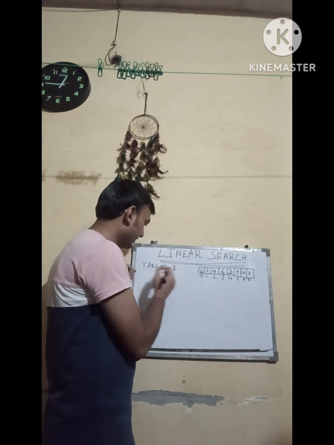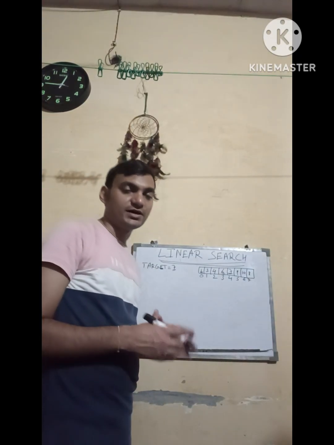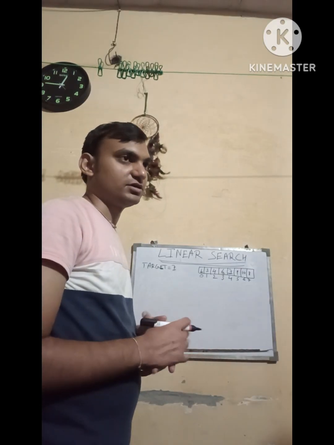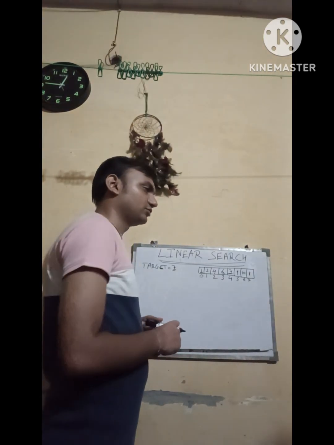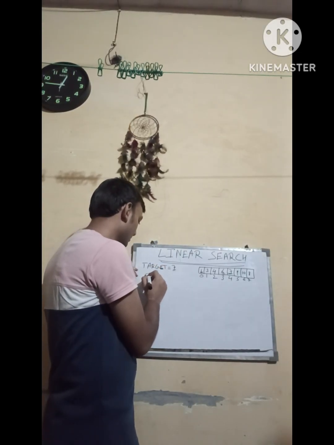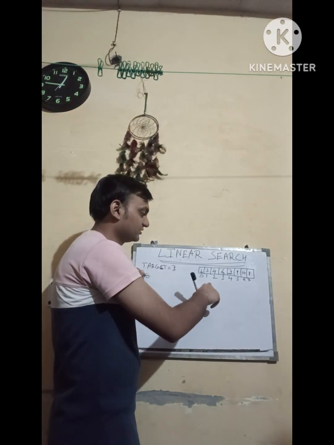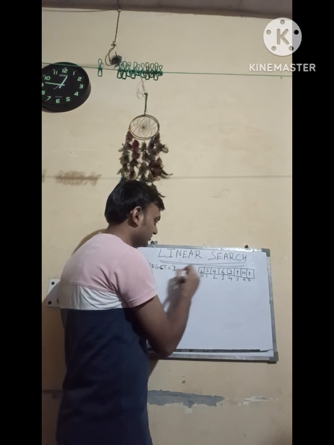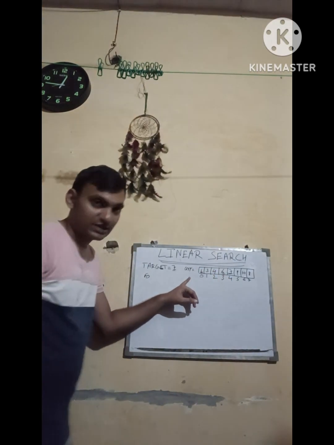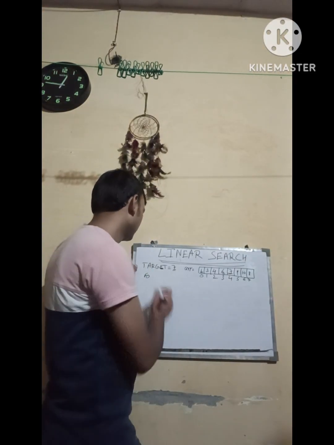So now we will write the program, the pseudo code. I'm actually focusing on Python because there are very few resources on data structures and algorithms with Python. So we have our target equal to 7 within this array, and this array is initialized with the variable arr. You can put any name on it, it doesn't matter.